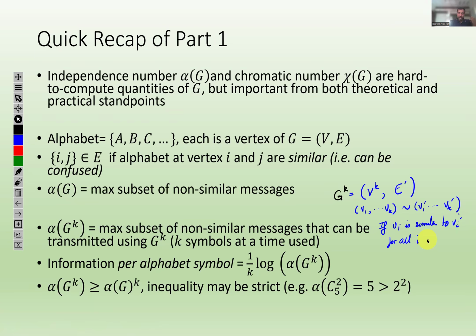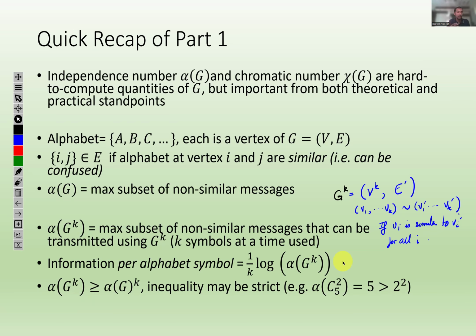And we had motivated the definition of the following quantity, which we call the Shannon capacity, which I called sigma of G, though not this quantity, we'll define it again soon. We had considered the quantity alpha of G^k, which is the maximum independent set size in this graph G^k. That is the maximum subset of non-similar messages that can be transmitted, but now in G^k.